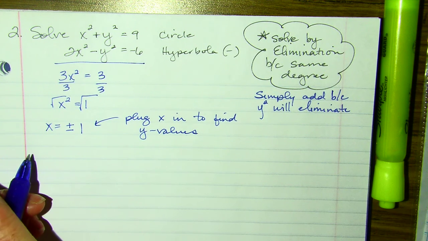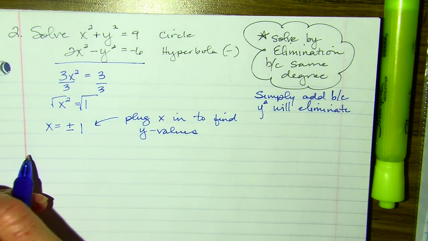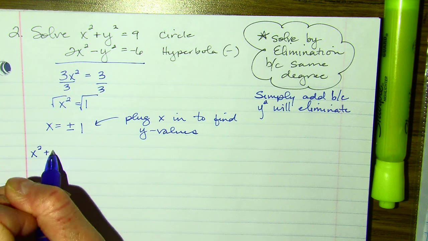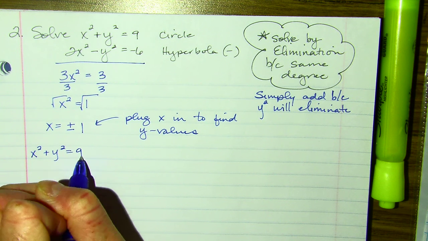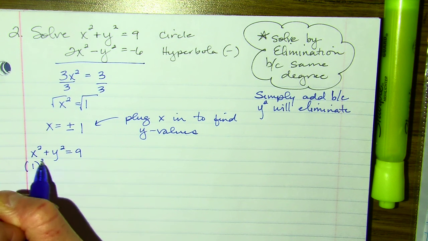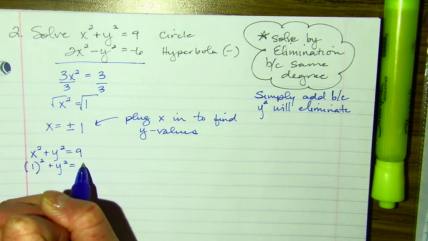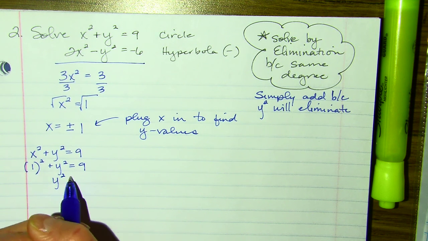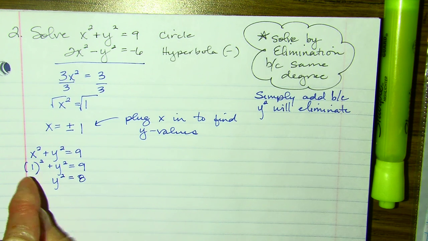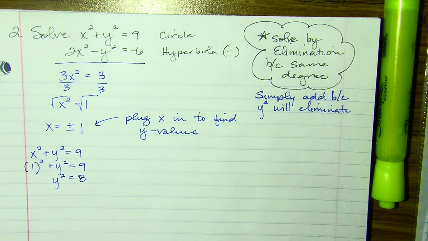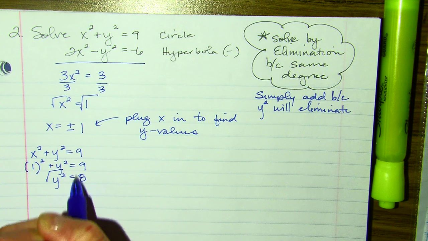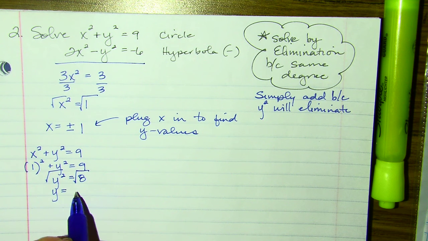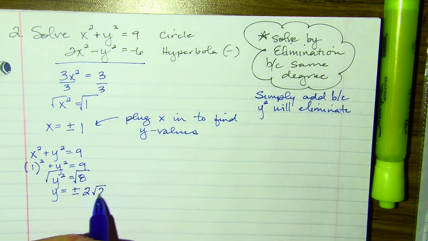So I'm going to use the top function, x squared plus y squared equals 9, but I'm plugging in a 1. And I get y squared equals 8, right? Because for 1, I'm just going to subtract, and then I'm going to take the square root. So y equals plus or minus 2 root 2.